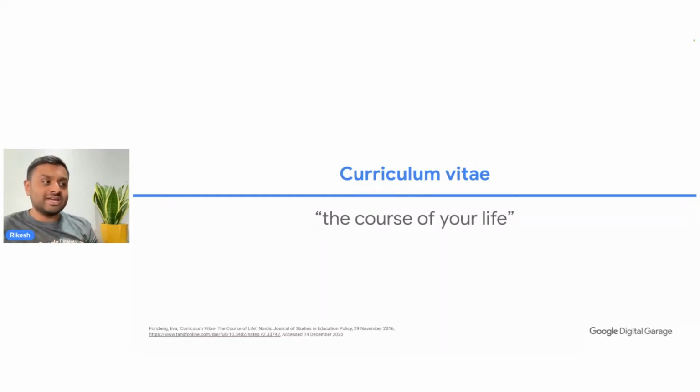That's not necessarily the case. If you think about what a curriculum vitae should showcase, it should showcase the course of your life. That includes aspects such as hobbies and interests, strengths and skills as well. So it's very important to always keep in mind what this document is all about.